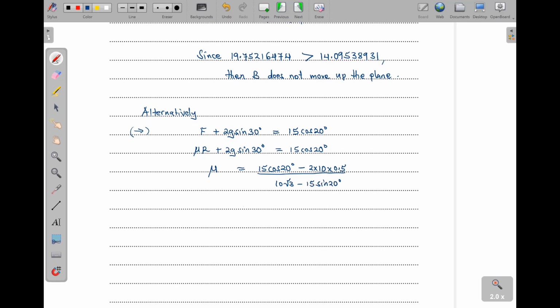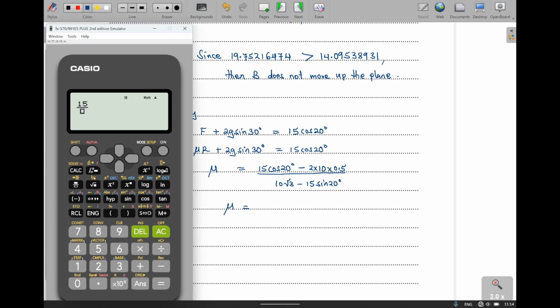So we get the value of mu here: 15 cosine of 20 minus 10, over 10 root 3 minus 15 sine of 20.